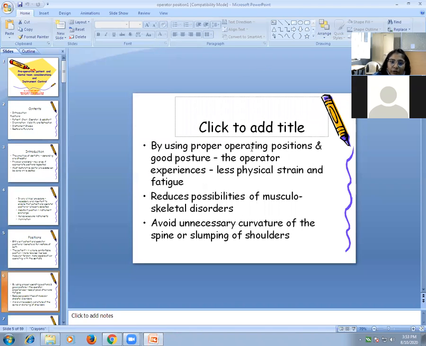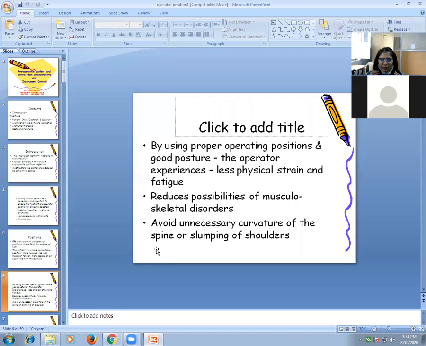Okay, so by using proper operating positions and good posture, the operator experiences less physical strain and fatigue. Also, it reduces the possibility of musculoskeletal disorders, and it avoids unnecessary curvature of the spine or slumping of the shoulders. What happens when we practice dentistry for a longer period of time?